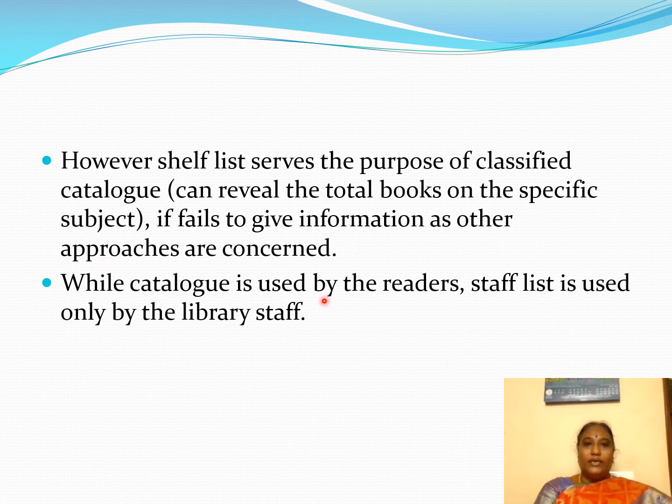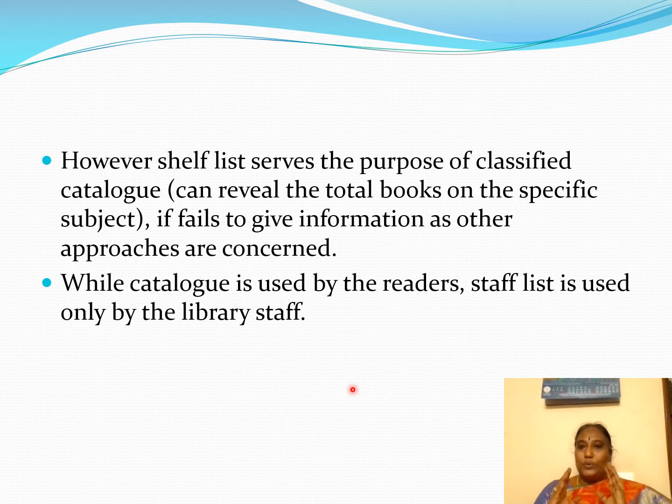While the catalog is used by the readers, the shelf list is used only by the library staff. The most important distinguishing feature between the catalog and the shelf list and other adjuncts is that librarians compile the catalog only for the users, so users should consult the catalog.